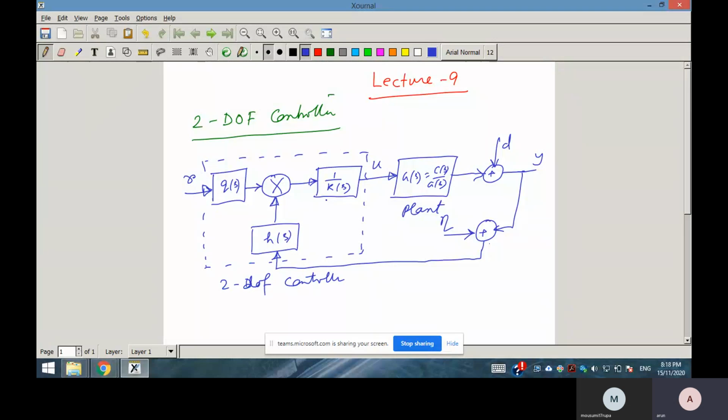In case of 1 degree of freedom, the controller was C(s), that is H(s) by K(s), and in that case only one input was going to the controller, that is the tracking error.